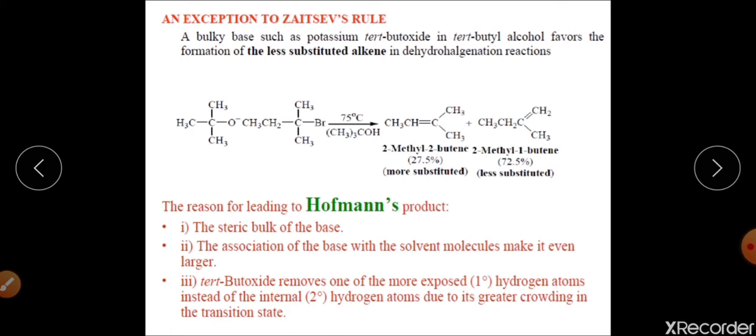The first example, the use of bulky bases, is on your screen and you can see it. This is the kind of base you are using, and this is the kind of substrate we are using.